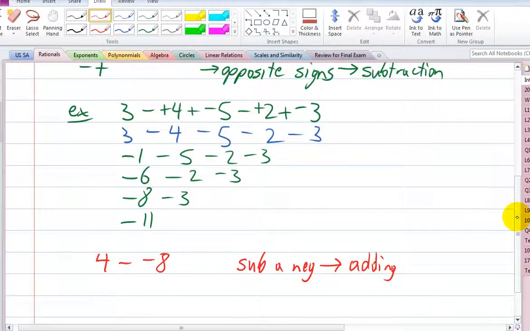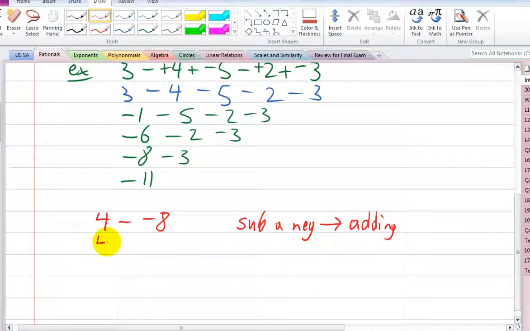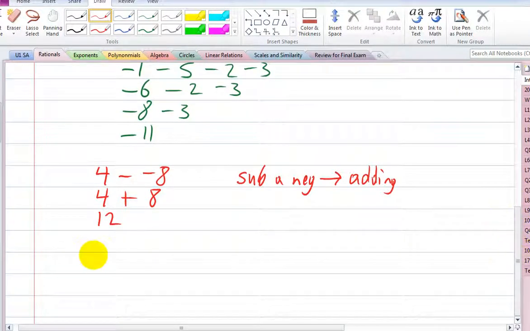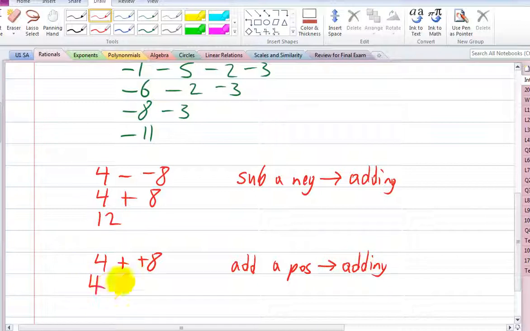So you're taking away some negative values, which is like you're getting more positive. Okay. Very simple. And of course, 4 plus positive 8, well, that one just seems ridiculous. Okay, so when you're adding a positive, you're adding. So you get 4 plus 8, 12 again.